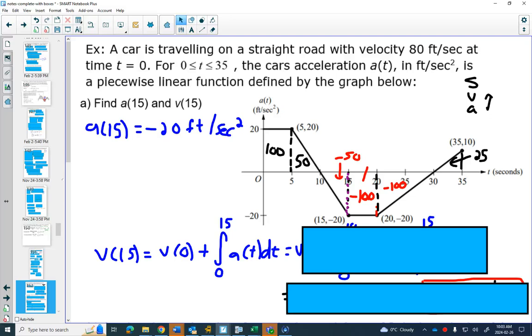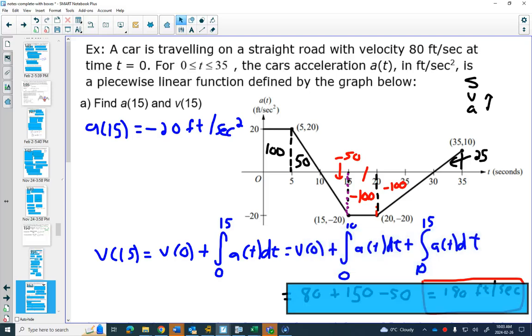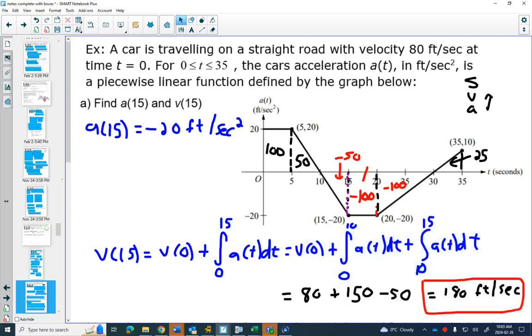And we'll also need our initial velocity. Our initial velocity, we're starting at 80 feet per second, and then this is the accumulation of change. If we add the 100, the 50, and the negative 50, we can see that we have changed an extra 100.